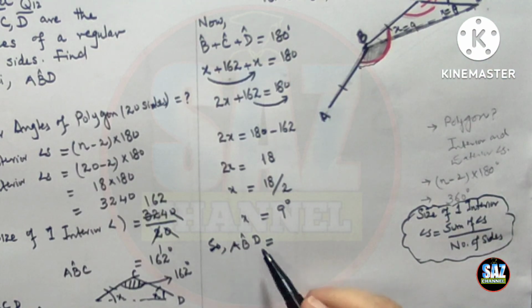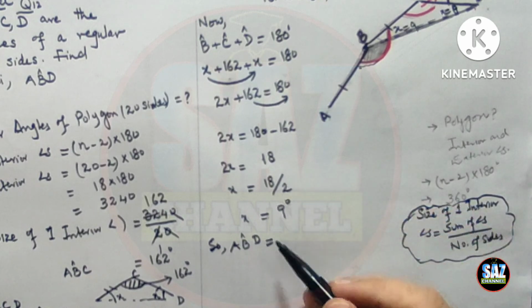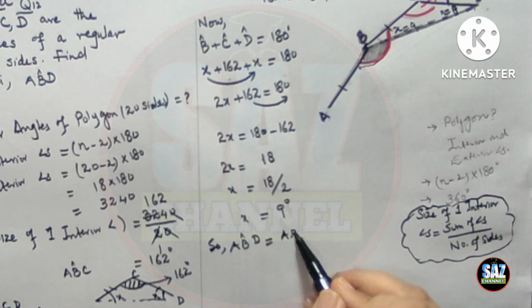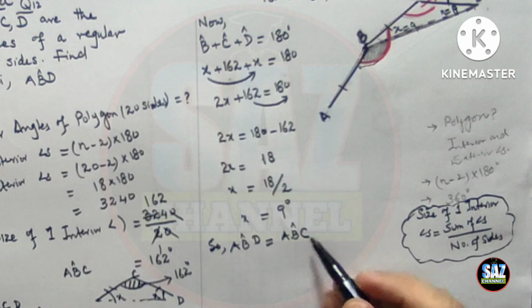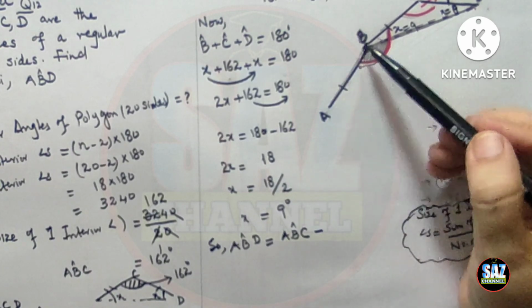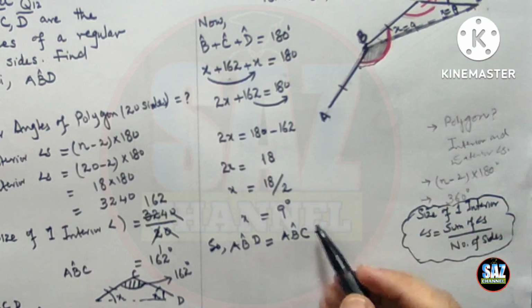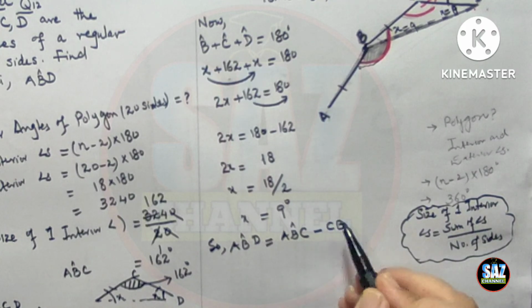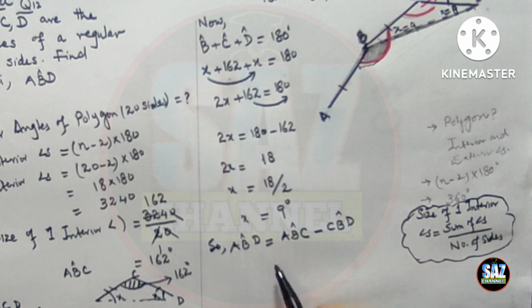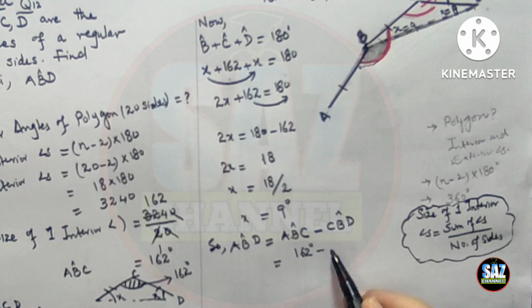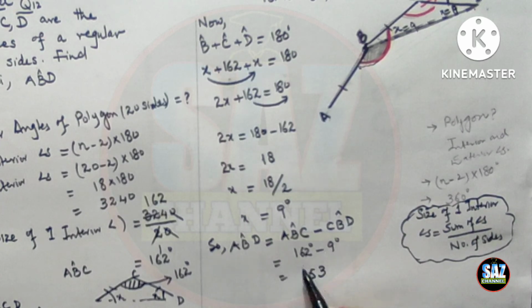So, ABD will be equal to ABC minus CBD. ABC total is 162 degrees minus 9 degrees, and 12 minus 9 is 3, which gives 153 degrees. So, ABD equals 153 degrees.